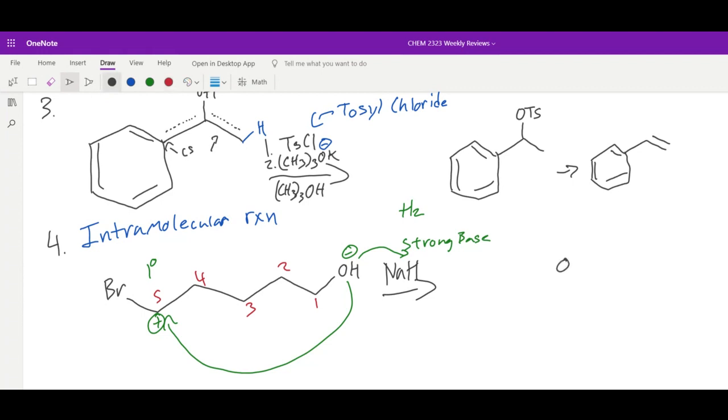So I'm going to draw oxygen, and 5 plus 1 equals 6, so I'm going to have a 6 atom ring, which obviously represents a hexagon. So I'm going to draw my 5 carbons: 1, 2, 3, 4, 5. And there you go. That is your final answer.